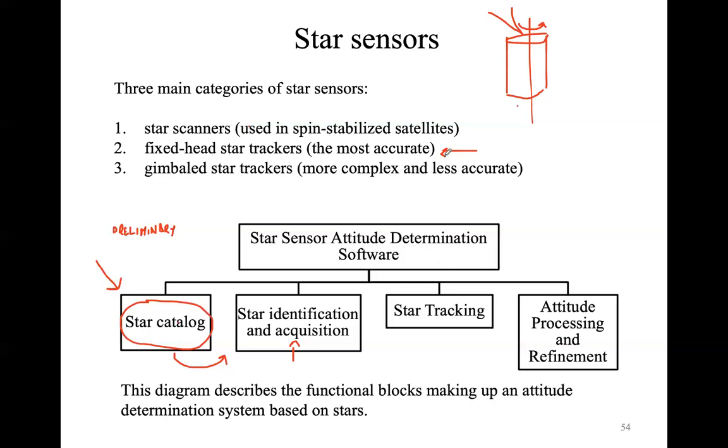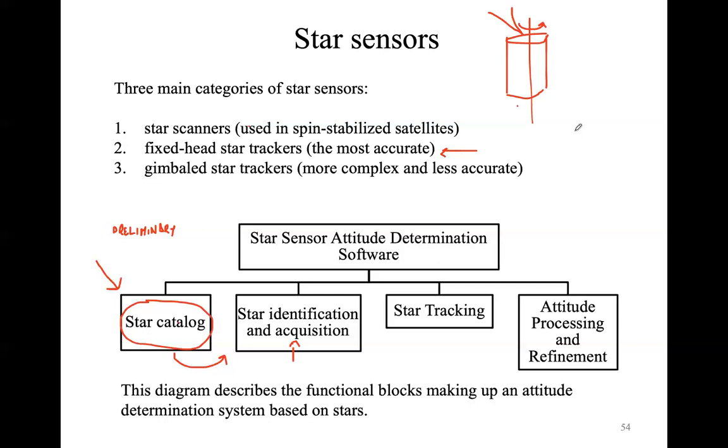It means that, as we have seen at the beginning of this part of the course, the star tracker is fixed on, for example, the optical bench frame, with an optical system that is looking at the sky.